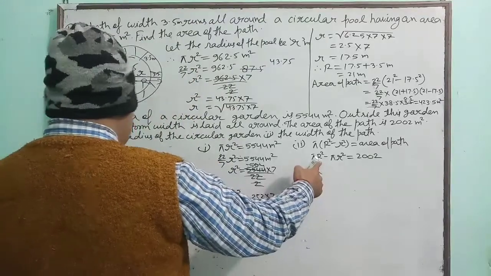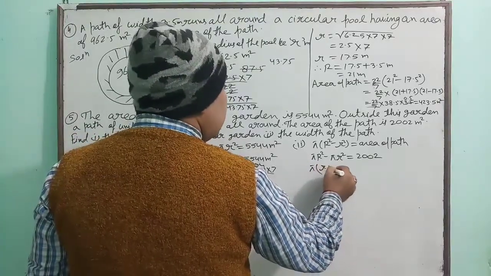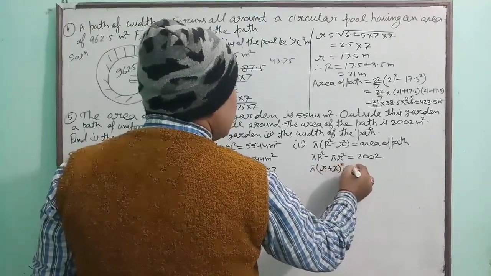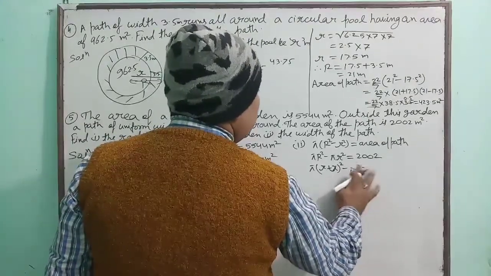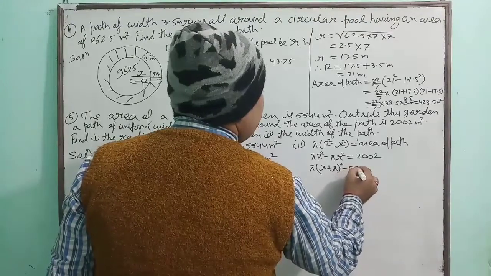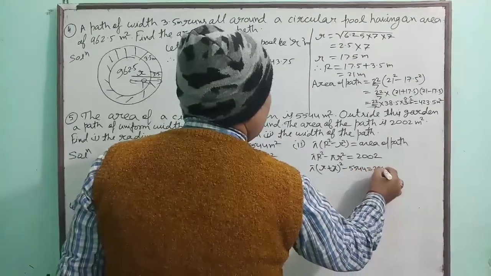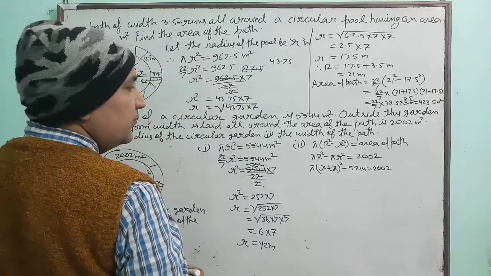Here capital R can be written as small r plus x whole square. This is 5544. Okay children.